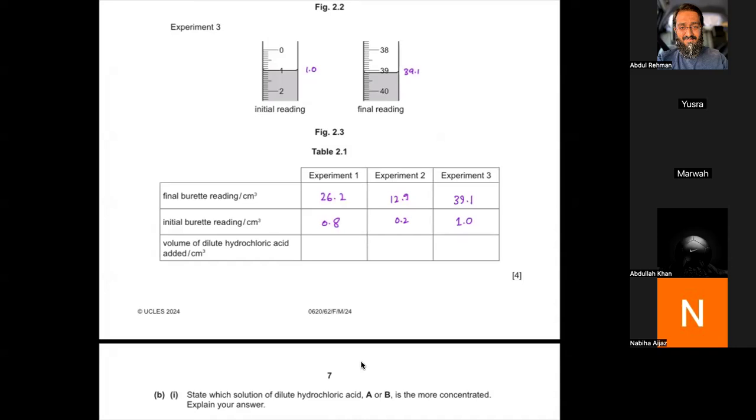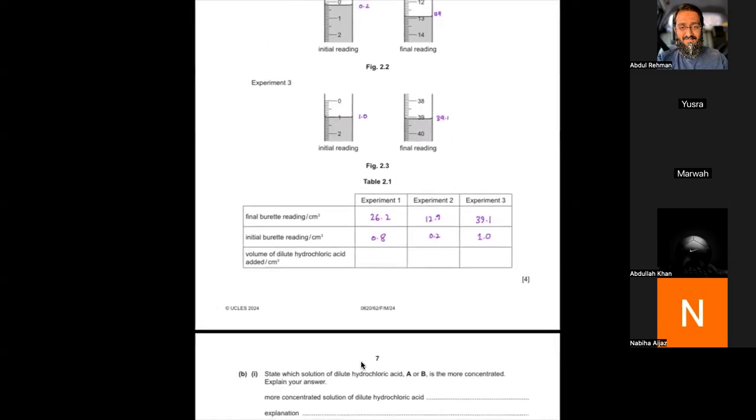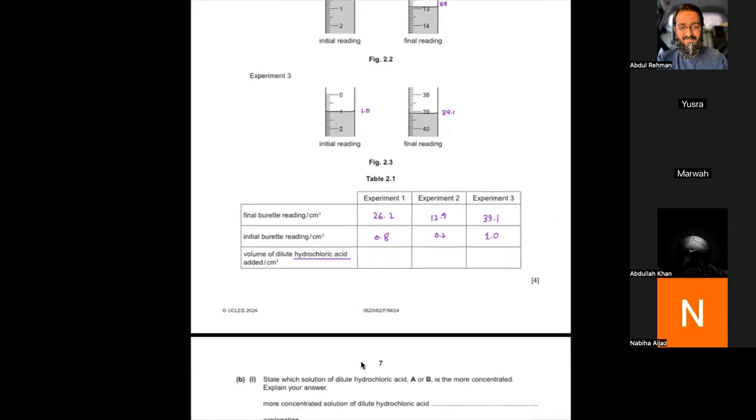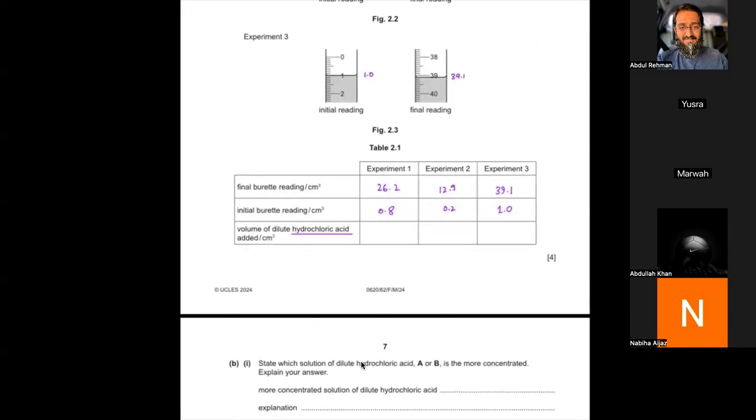Okay. Now to calculate the volume of hydrochloric acid, because hydrochloric acid was in the burette, we take the difference of these values to get the volume of hydrochloric acid used. So in the first case, 26.2 minus 0.8, 25.4.